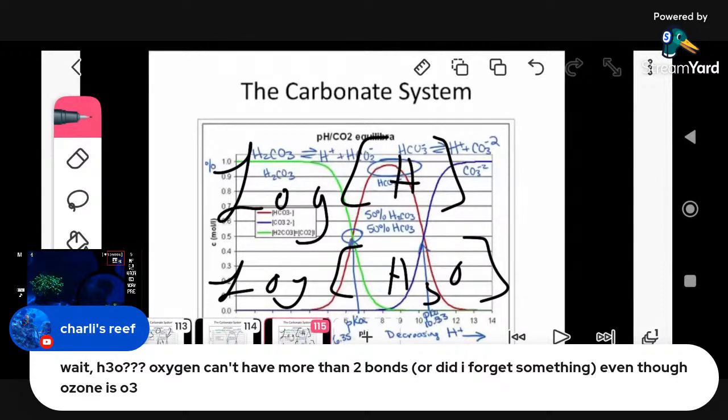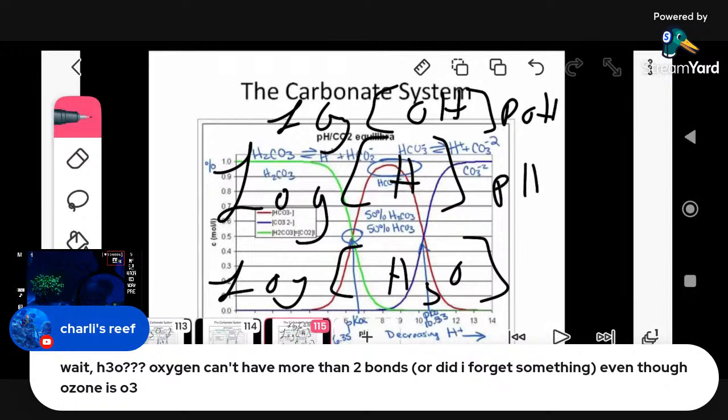And remember, if I take the log base of the hydroxide, OH, this is the pOH. Hold on, you can't see the black. That's the pOH. And this is pH. That's what H3O means.